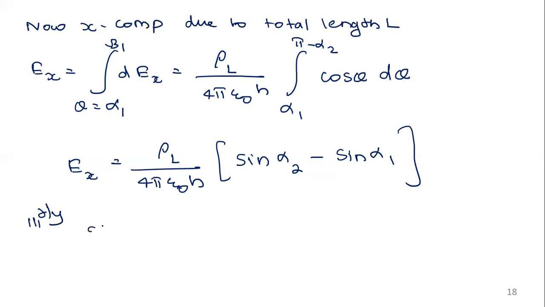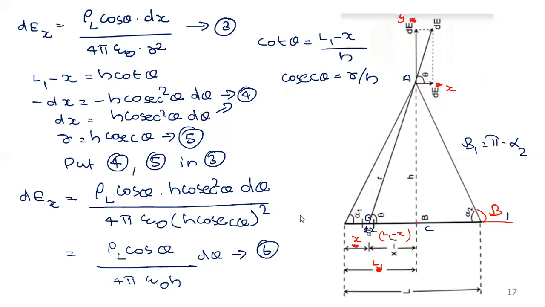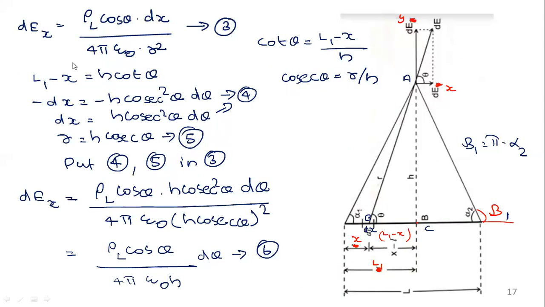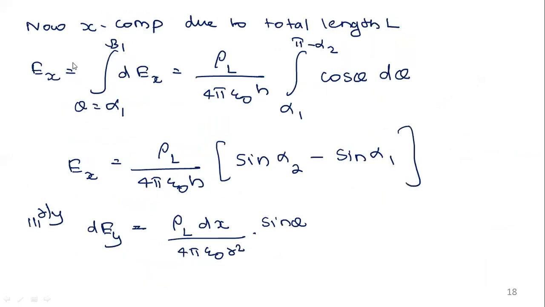Then similarly, dEy we can write as dEy is equal to rho L into dx divided by 4 pi epsilon 0 r square into sin theta. Isn't it? How did we start? Same step. So here, rho L into dx into the sine component, that is the y component. Since we took x earlier, we wrote cos there. In the same way we will do the y component. Same step you will be doing.